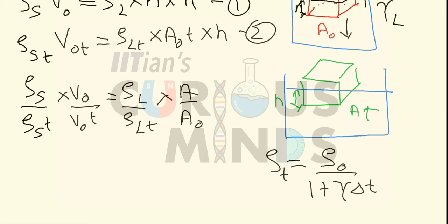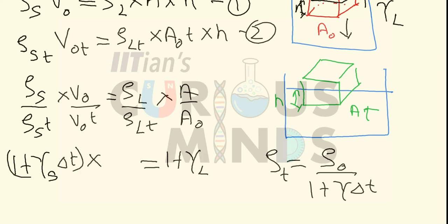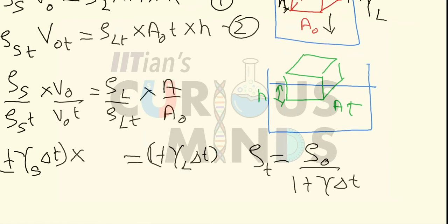When I substitute the densities, the first will be 1 plus gamma of the solid into delta T, and this will be equal to 1 plus gamma of the liquid into delta T, into A divided by A naught. I will substitute A divided by A naught later.